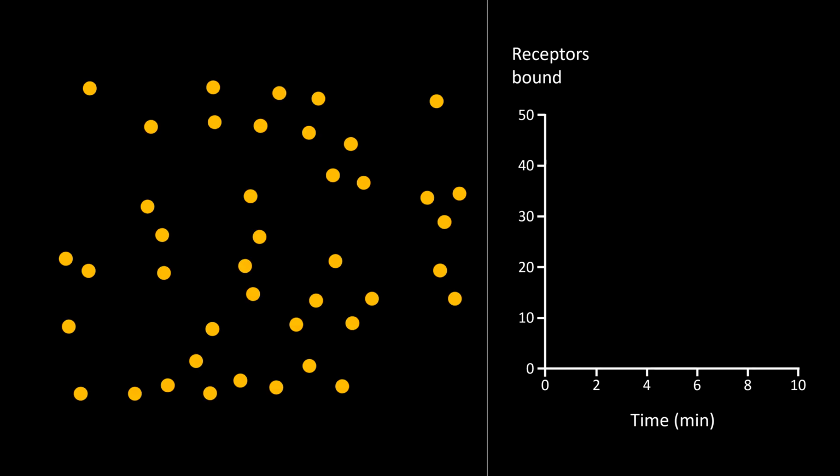Now let's look at dissociation. In this experiment, we preload the target with the ligand, so we start with a population of ligand-bound targets, indicated by the orange circles here. Now we can simulate the dissociation process.